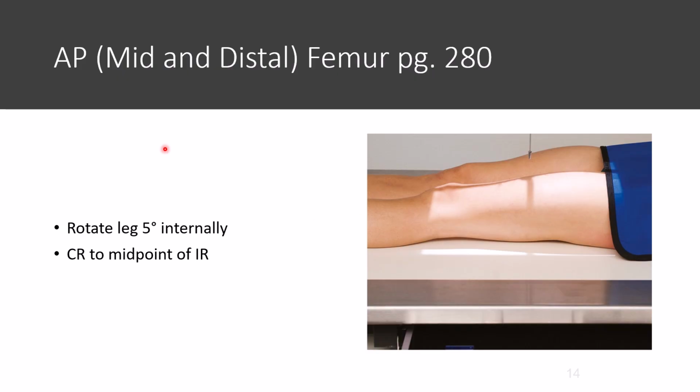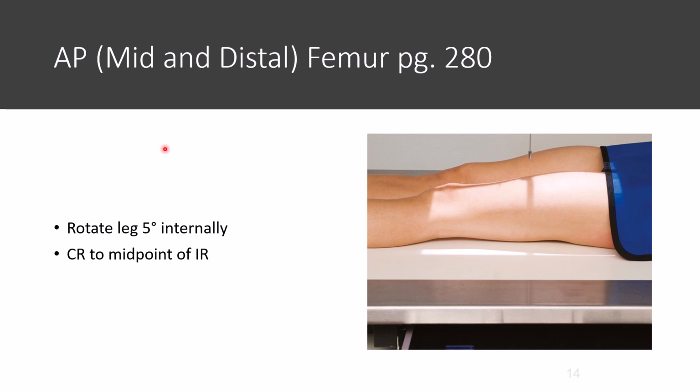When we look at the AP mid and distal femur, this would be the first image you would do, and this is on page 280. The technique, which is nice for all of these images this week, we are using 80 kVp at 12.5 mAs. Okay, 80 at 12.5.